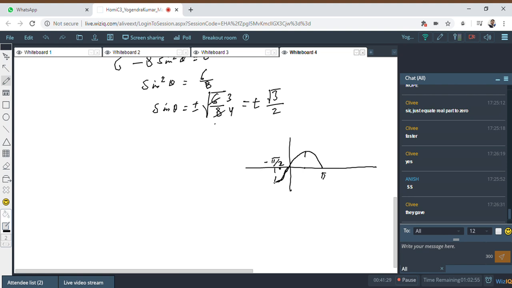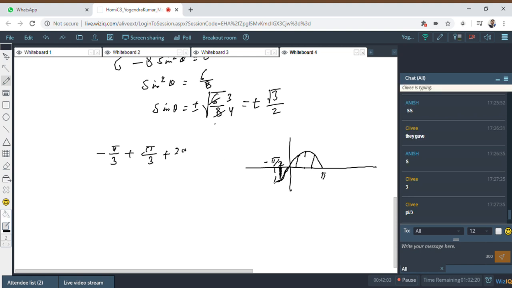So one value will be minus 2 pi by 3, another value will be 2 pi by 3, and the other ones will be minus pi by 3 and pi by 3. These values will get cancelled, so the answer is this.